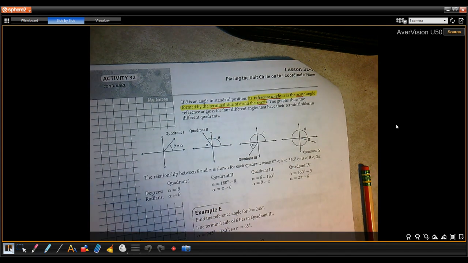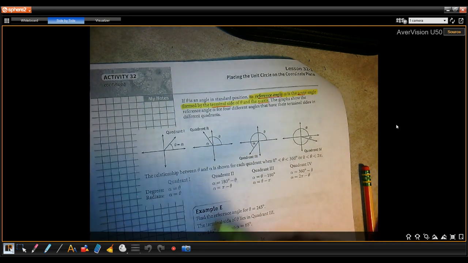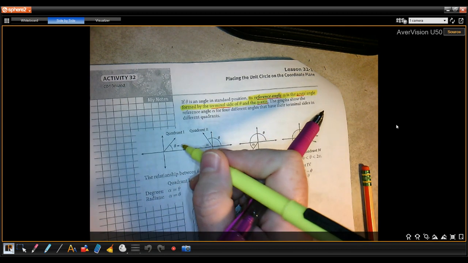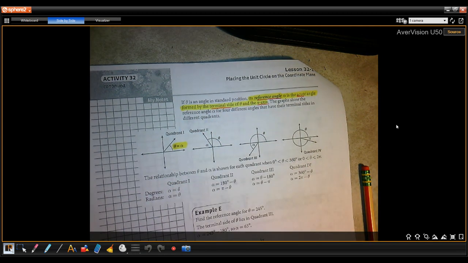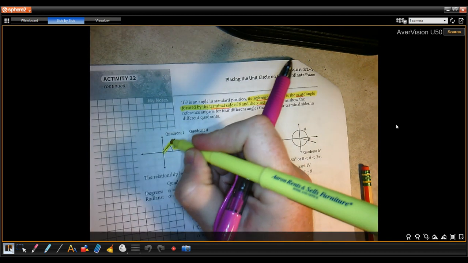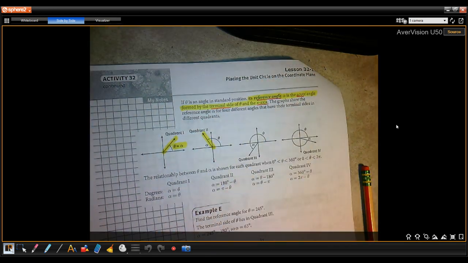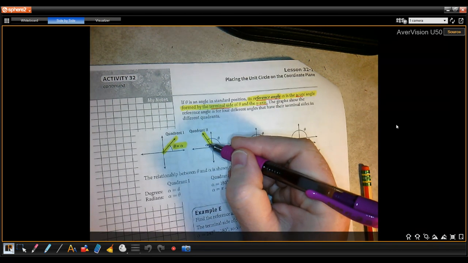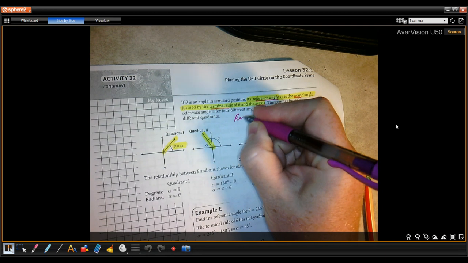All right, so here are 4 scenarios. You'll see here theta is alpha, so your reference angle in quadrant 1 is the actual angle because it's in quadrant 1. In quadrant 2, the reference angle is down here, so alpha is your reference angle.